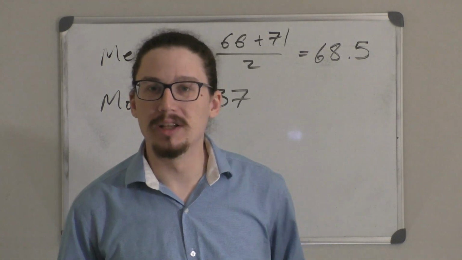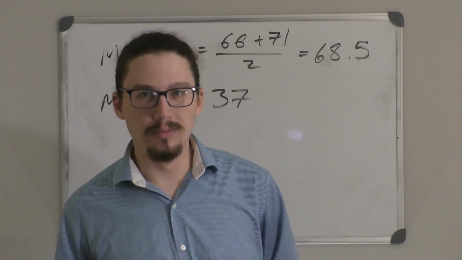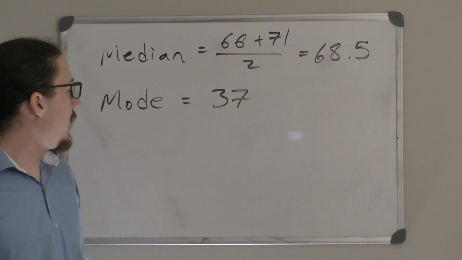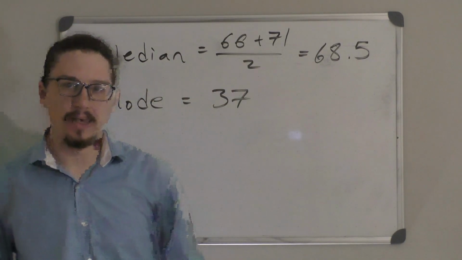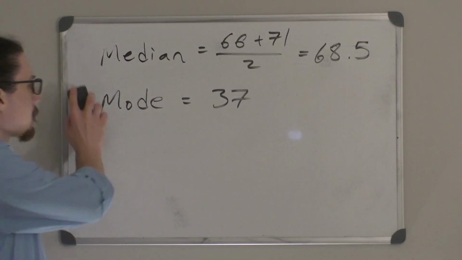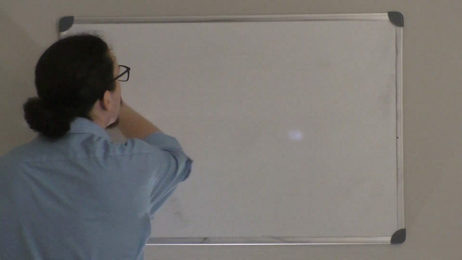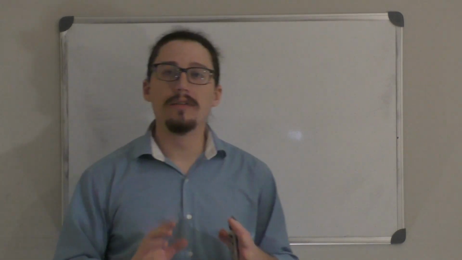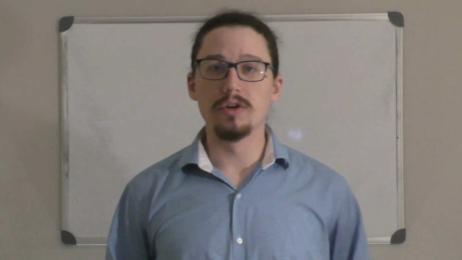There's really no cap on that. And if you have a data set where each number is only appearing once, then technically they are all the mode because they all appear most frequently. But that is our median and our mode.